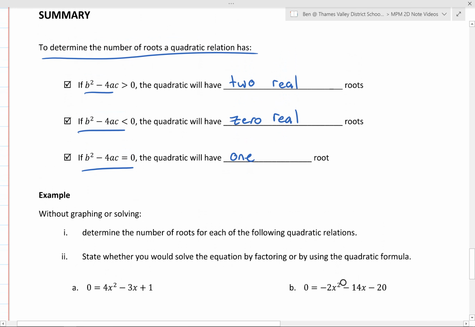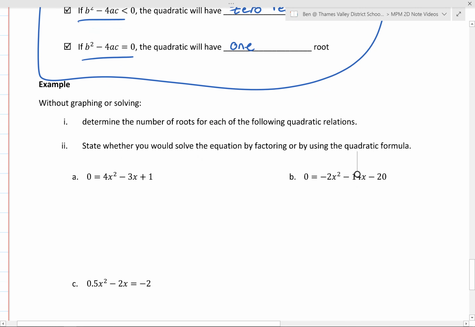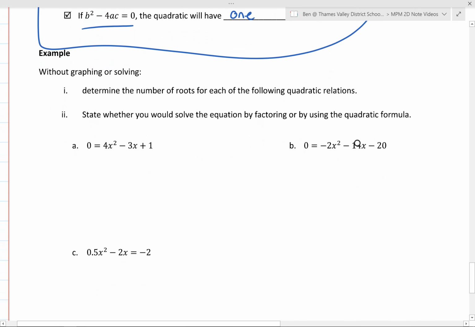Now, we're going to use these rules to work with the following quadratics, and we're going to calculate how many roots each one would have. That's the first part. So example A here, I can see that my A equals 4, my B equals negative 3, my C equals 1.